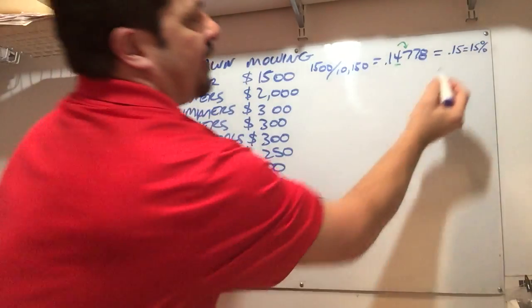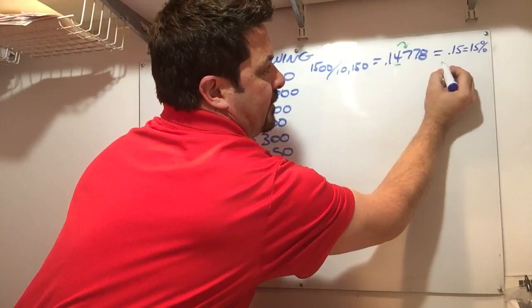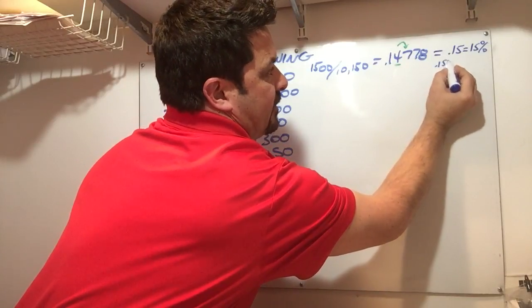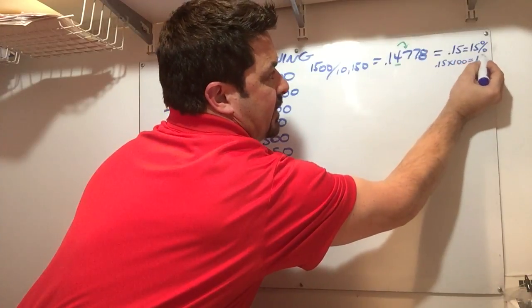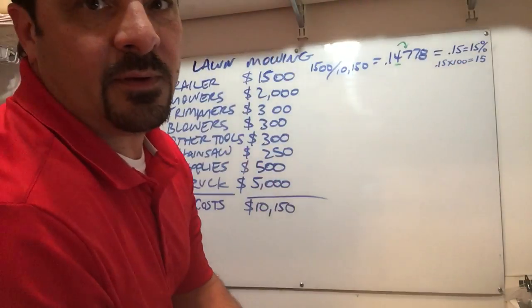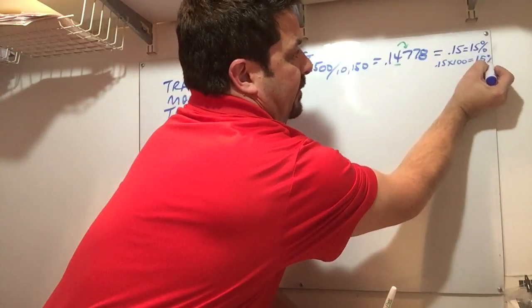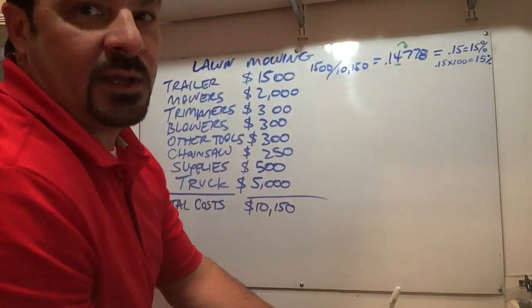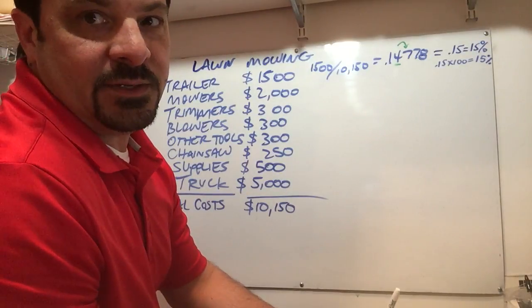The way we got this is we multiplied 0.15 times 100 in your calculator, you'll have 15. Then you just add the percentage sign. That's how you change a decimal to a percent. I'm going to do this a lot. You just need to remember that.